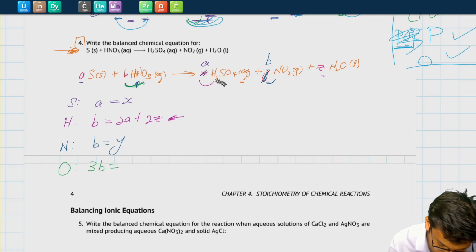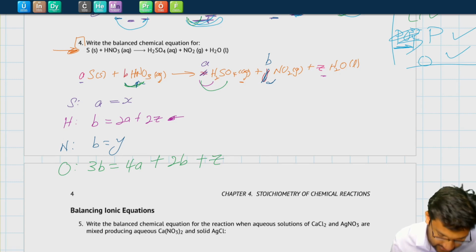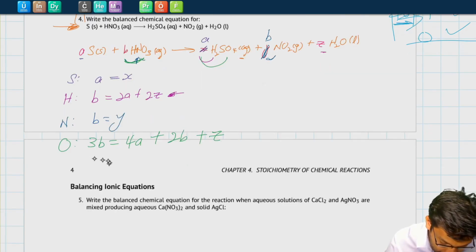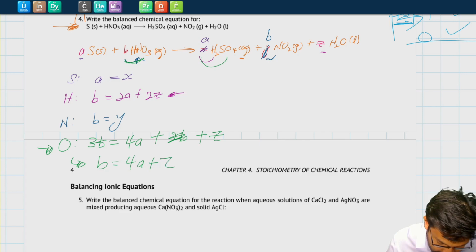And on the right-hand side, we have a times 4, so that's 4a, plus 2 times b, plus z. We can simplify this equation further by subtracting 2b on both sides, and that will give us b is equal to 4a plus z.